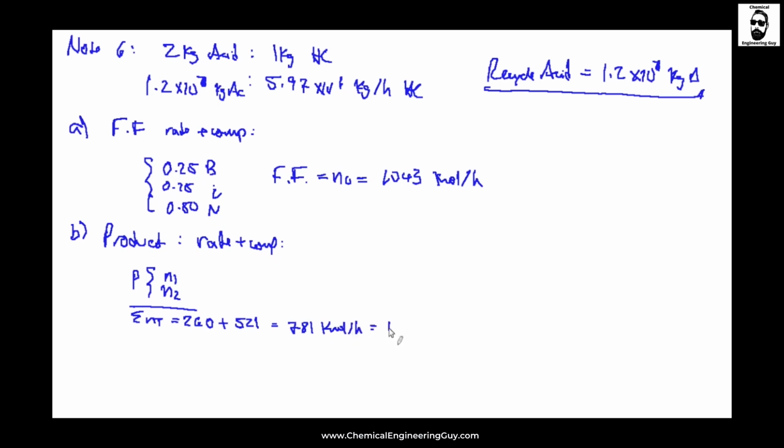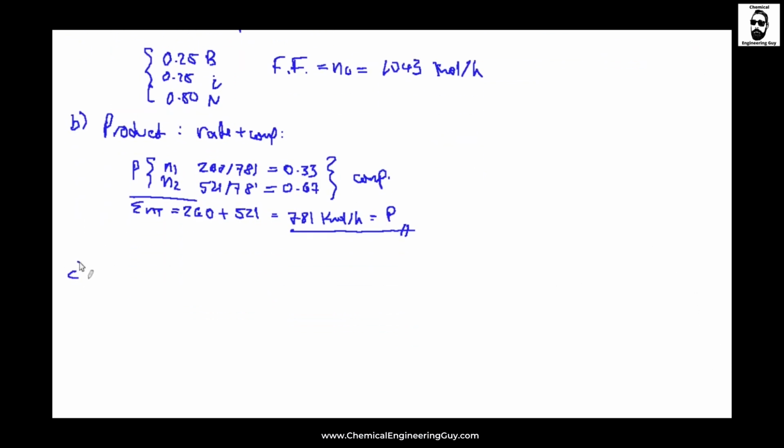That's the molar flow rate of P. Good. Compositions is essentially 260 divided by 781 and 521 divided by 781. This is 0.33, 0.67. So this is the composition. Good. What else do we need to do?